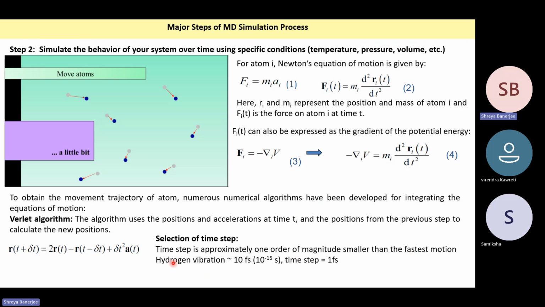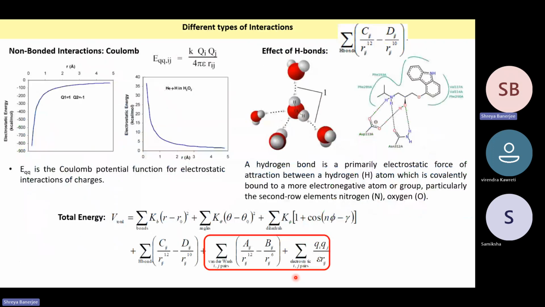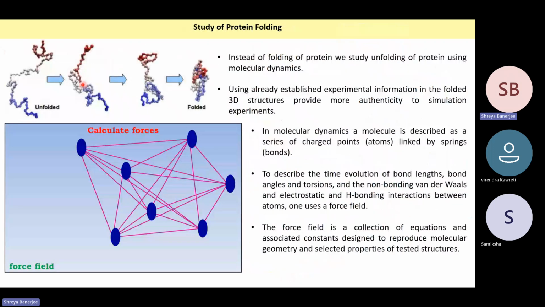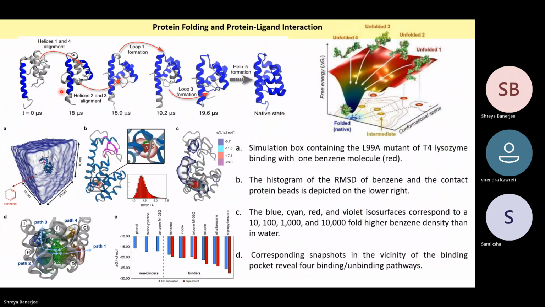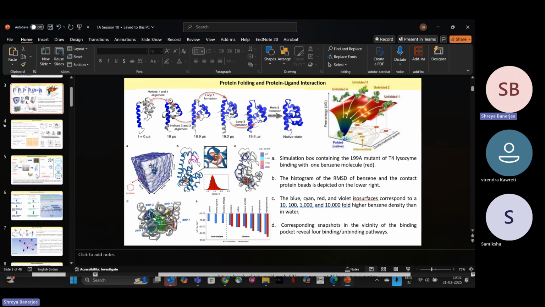The fastest motion in any protein is generally the vibration of the carbon-hydrogen bond, which is 10 femtoseconds. Then we should take a time step of 1 femtosecond. So time step means this interval will be 1 femtosecond if we want to look at the vibration of each carbon-hydrogen bond.